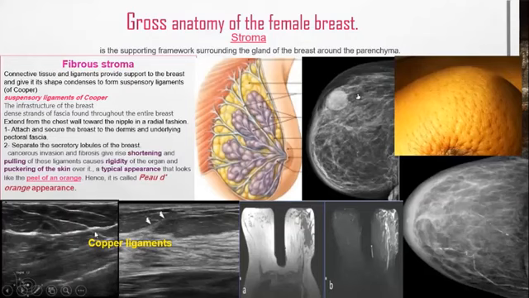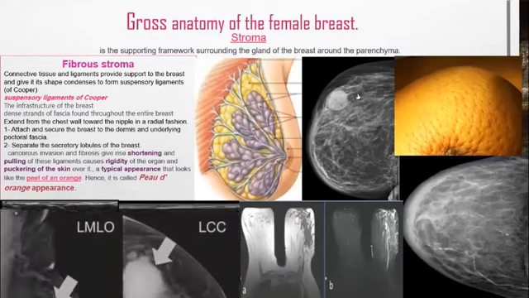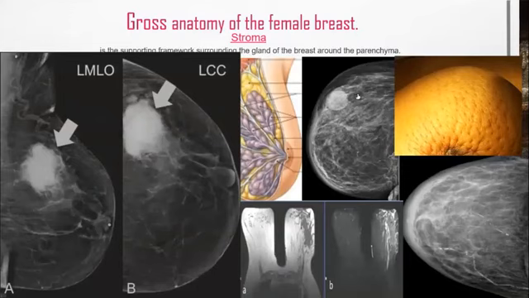While on ultrasound, these Cooper ligaments are normal, smooth ligaments, echogenic fibers, not showing any abnormality. Also, it can be focal, not necessarily seen throughout the breast.